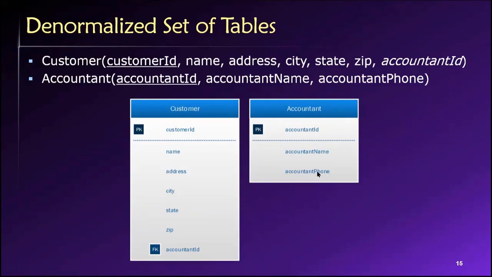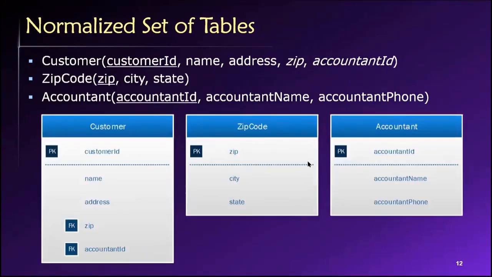Whereas with the previous design, I only need to store it once, because there would only be one single row in the zip code table, or at least a small number of rows for Los Angeles, California. So it takes much less storage space with a normalized design.